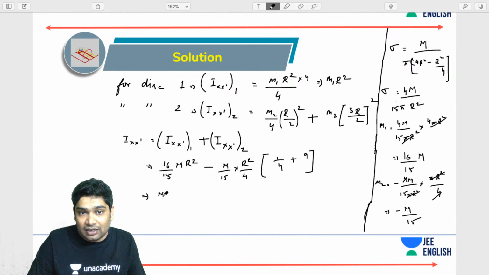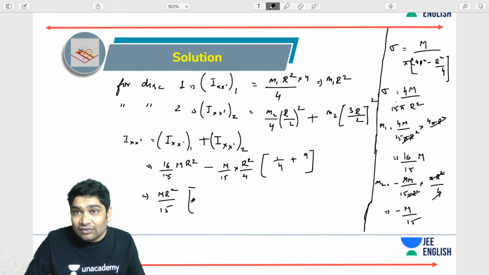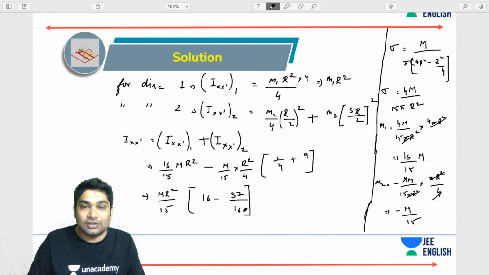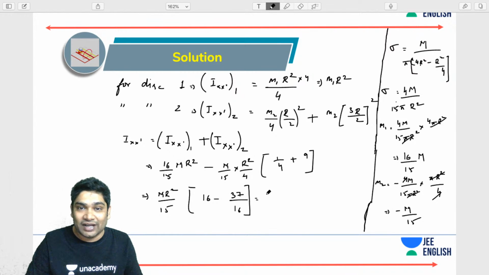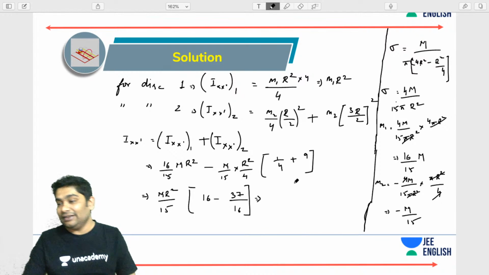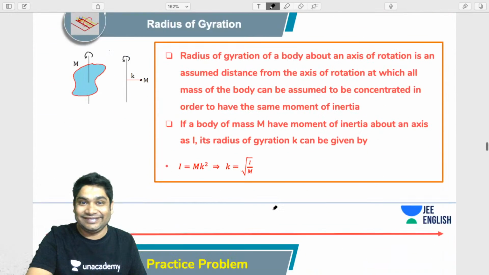So if I take m r square by 15 out of the entire thing, then what do I have left? I have 16 minus this is 1 by 4, and that will be 13 plus 1, 36 plus 1, 37 over 16. Now you can solve this. Okay, this would have given your answer. A very, very big answer, but you'd have gotten.